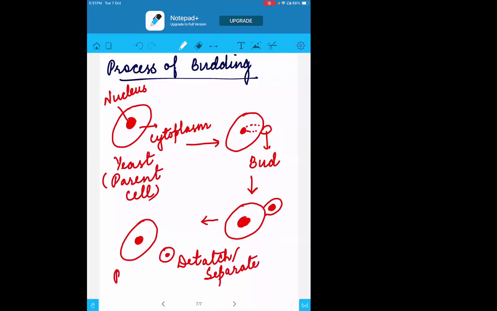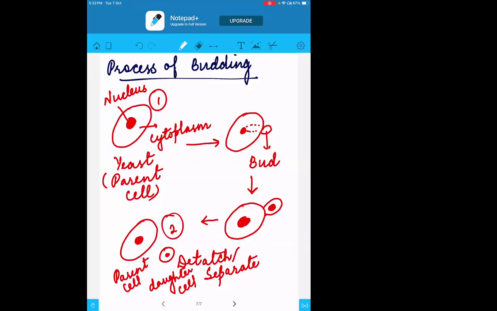So they get detached. This is now the parent cell, and the new one is called the daughter cell. So from one parent cell, how many do we have now? Two, right? From one we have got two cells, one parent cell and one daughter cell.